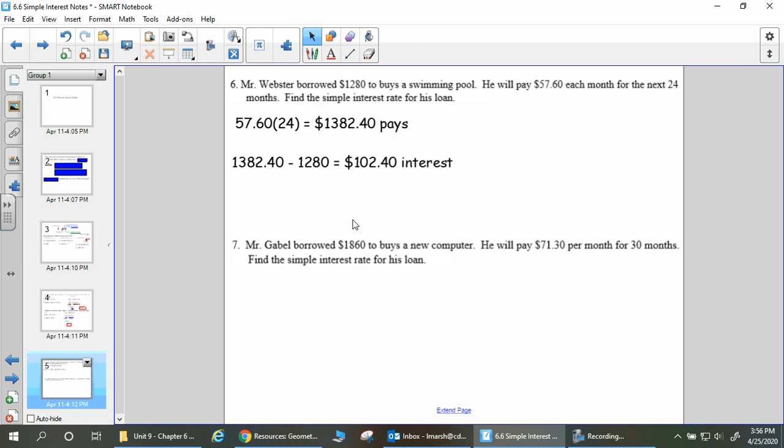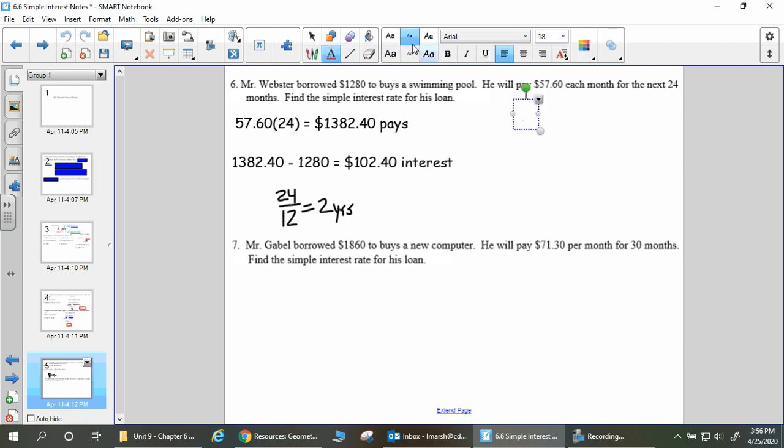One thing to take note of: we do have 24 months. If I divide that by 12, this is for 2 years. Since I'm about to go into the formula, remember we are going to need the years. So in my formula, $102.40 of interest.